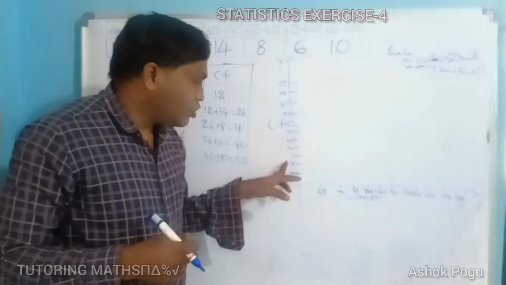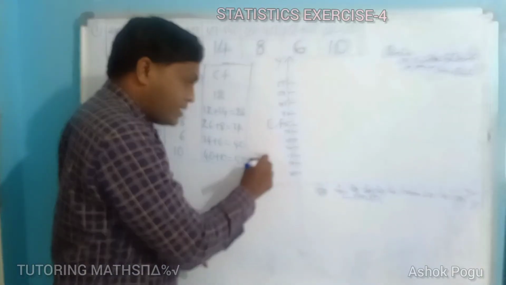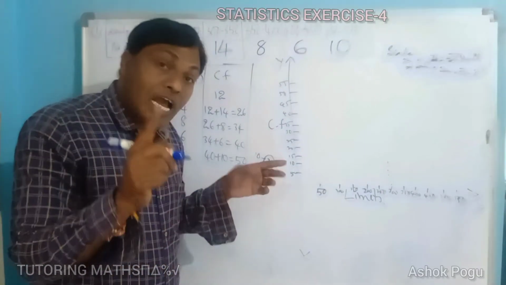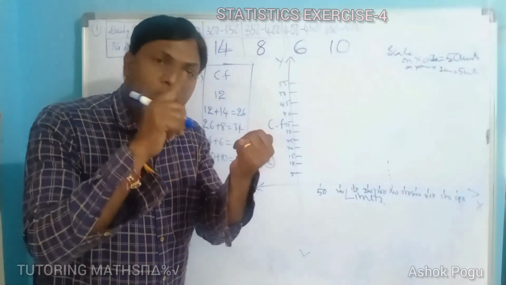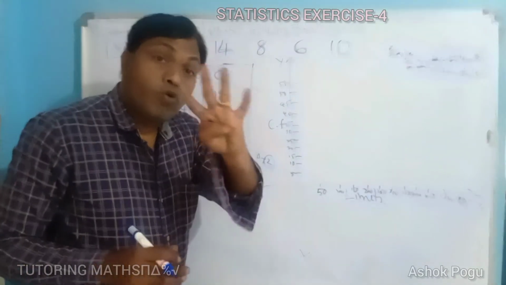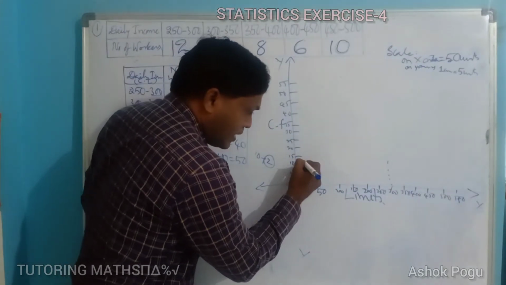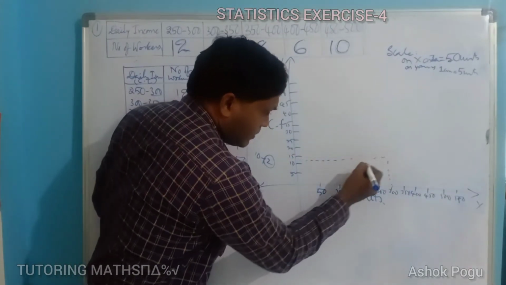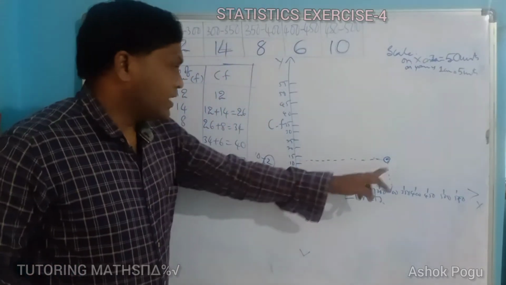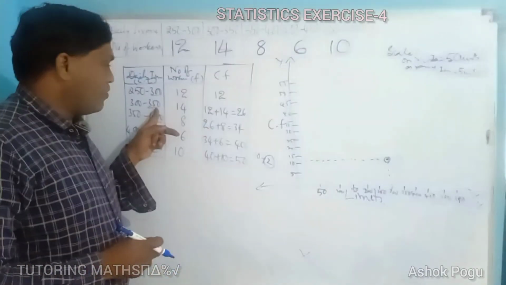But we require 12. It is 10 plus 2. We require 2 units. How many lines should be taken? 1 equals 2 lines, so 2 means 4 lines should be taken. 1, 2, 3, 4. Here it will be. So this is 312.